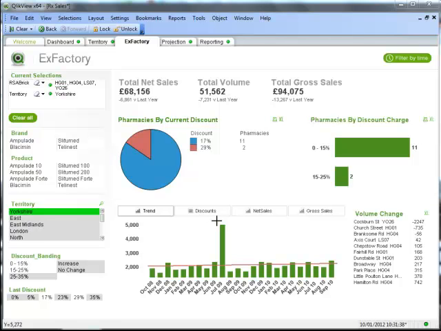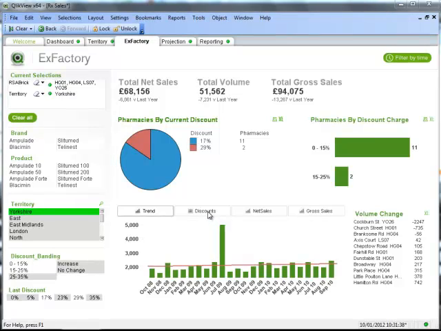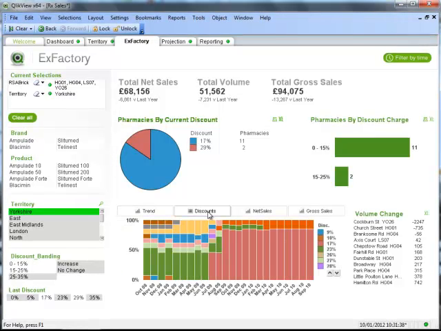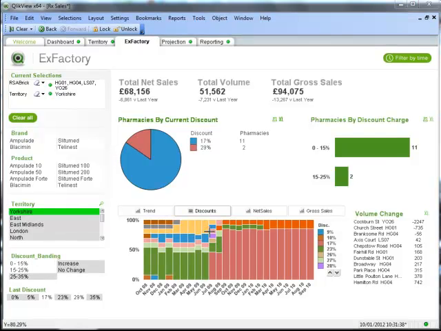As a pharmaceutical manager, I am fully aware that we made a major change to our discount strategy around this time. Moving to our discounts chart, we can see how the spread of the discounts changed around July 2009. This peak in sales may be due to panic or bulk buying of Analyse prior to a customer having their discounts reduced.